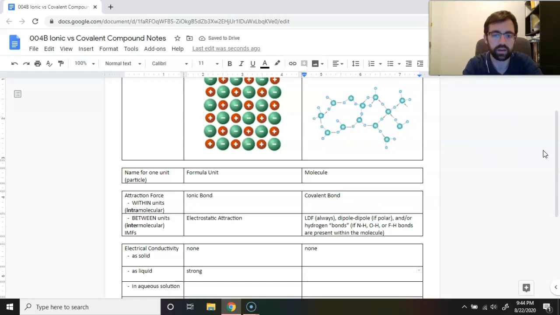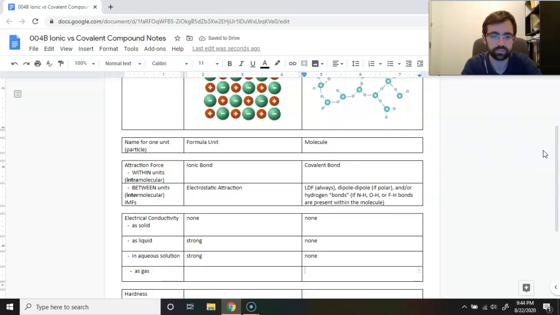Covalent, still none. In an aqueous solution, so that means if I dissolve it in water, strong conductivity if it's ionic. If it's covalent, none. As a gas, none for either one. Gases don't conduct electricity.